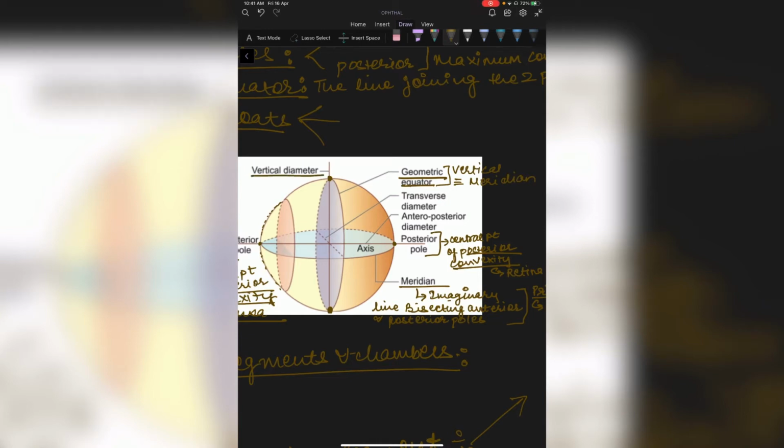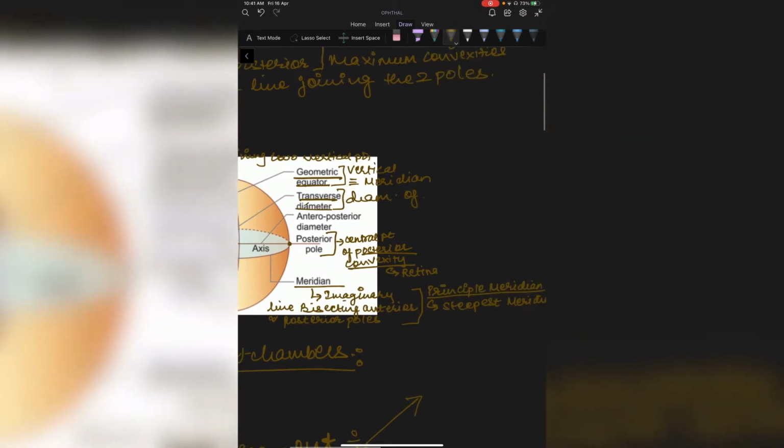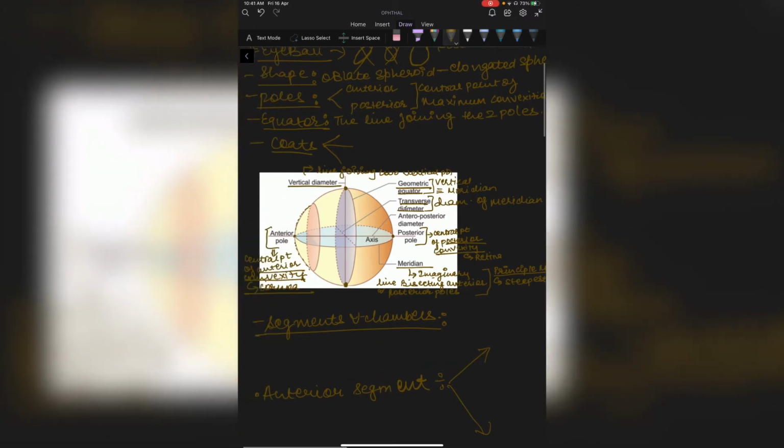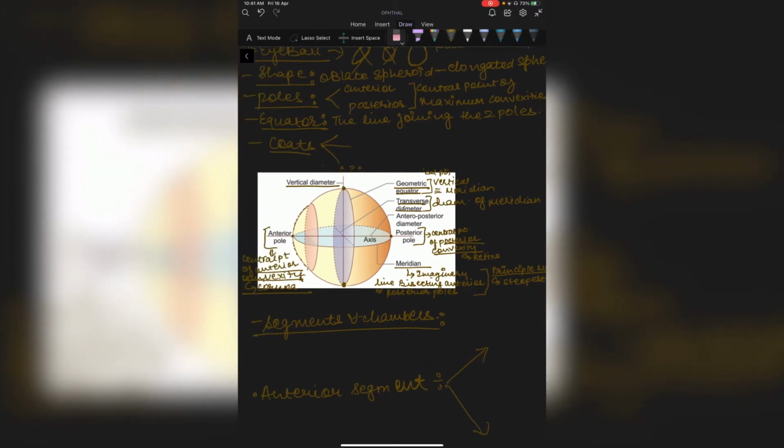Vertical diameter is the line joining two vertical points, right? Transverse diameter is the diameter of your meridian, basically. These are very simplified definitions that I'm telling so that it is easy to learn. Just one second. Vertical diameter, what was it? Line joining the two vertical poles.